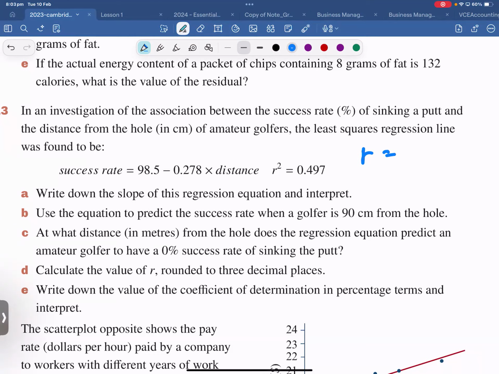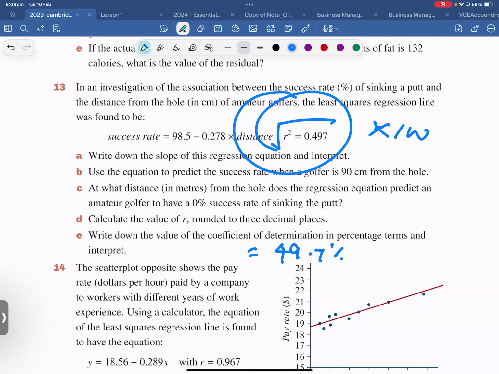R is equal to sigma of X minus X bar multiplied by Y minus Y bar, divided by N minus 1 times S of X and S of Y. And there was another formula.